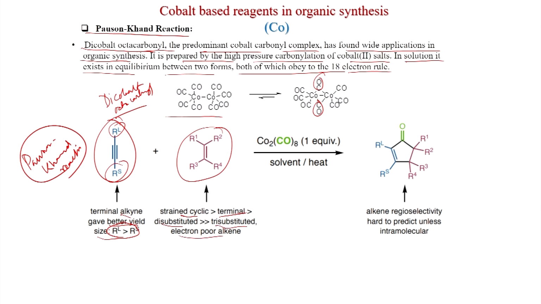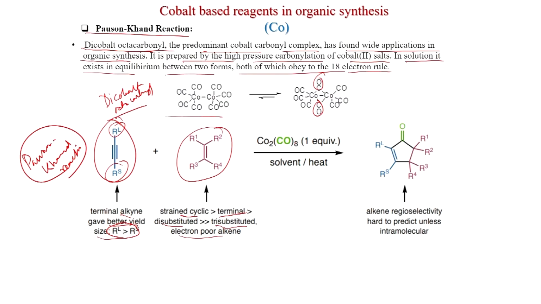So, electron poor alkenes are not very good substrates for this, and Co2(CO)8 one equivalent, in solvent, heat, you get this. So, what is this? This is cyclopentenone.